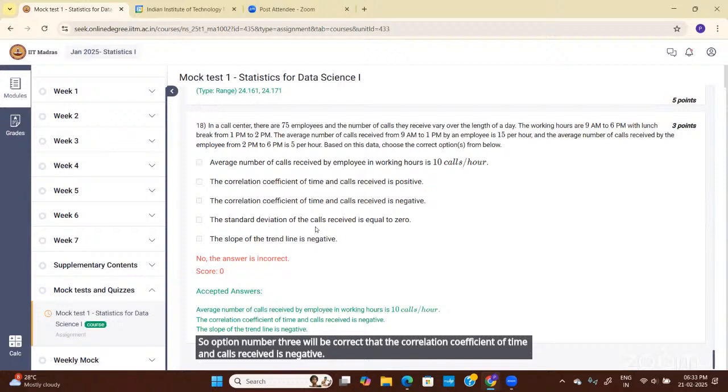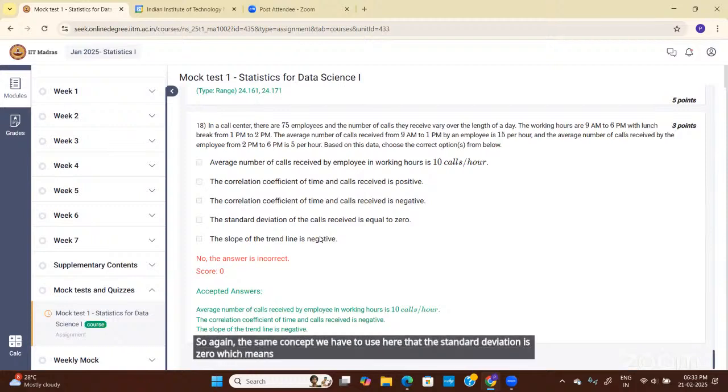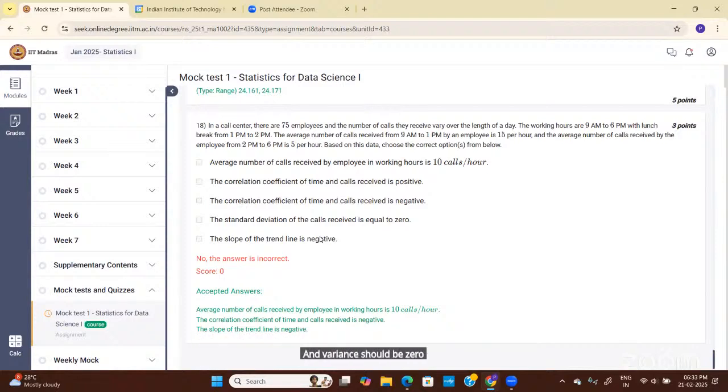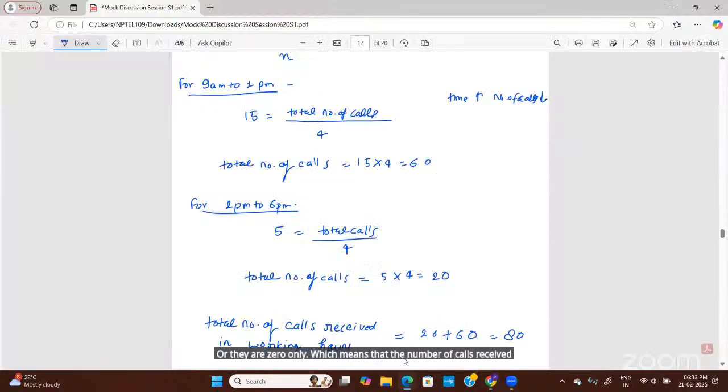Next is the standard deviation of the calls received is equal to 0. So again, the same concept we have to use here: the standard deviation is 0, which means the variance should be 0, right? And variance should be 0 if all the values are the same, or they are 0 only, which means if the number of calls received is the same for each hour, then it can be 0, otherwise not.